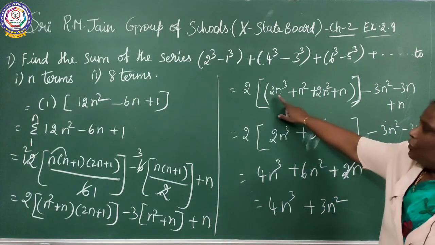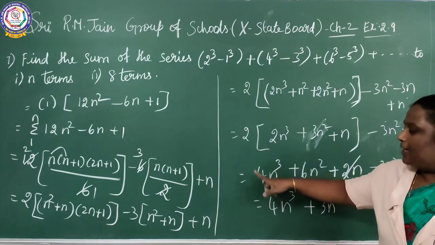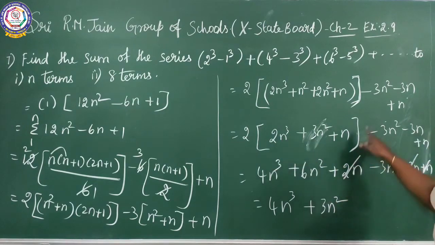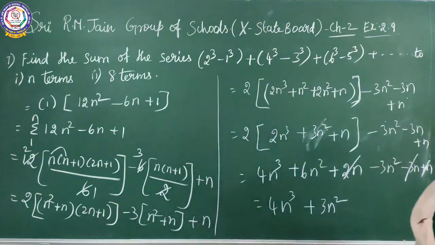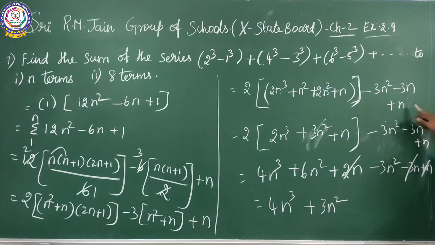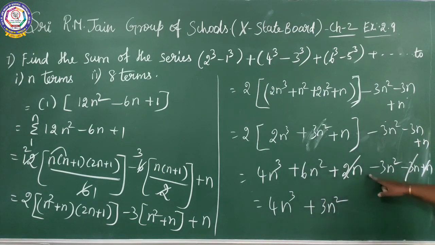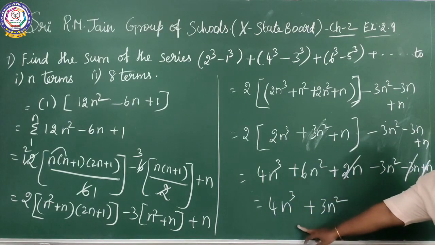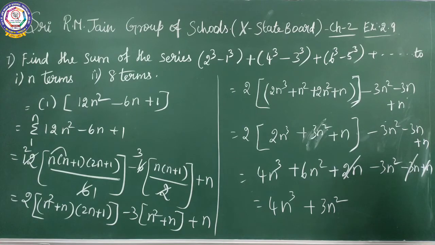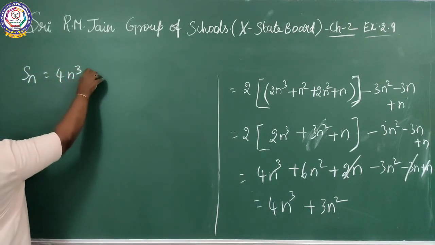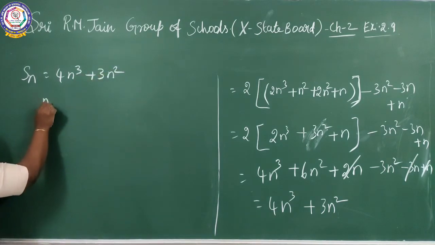Multiply 2 inside, and bring the minus inside: 3n minus 3n gets cancelled. What is remaining? 4n cube plus 3n square. See, this is the nth term, where n equals 8.